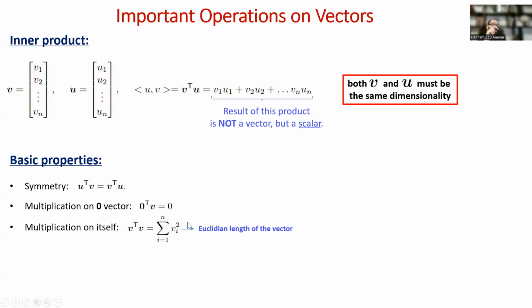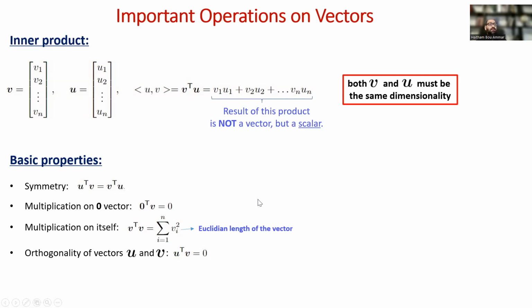Remember now that the square root of the sum of the components squared was the Euclidean distance. If you take the inner product between the vector and itself, it's just the sum of the components squared. So it's the distance we talked about without the square root, which we call the Euclidean length of the vector.